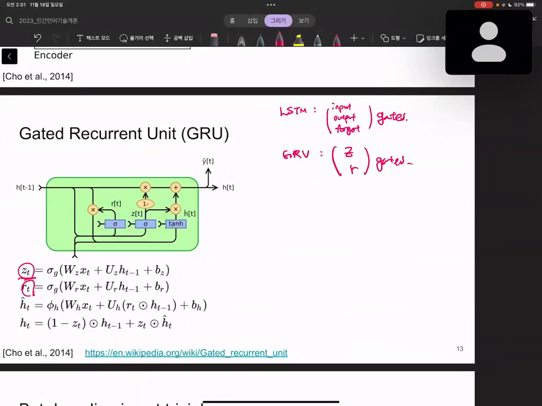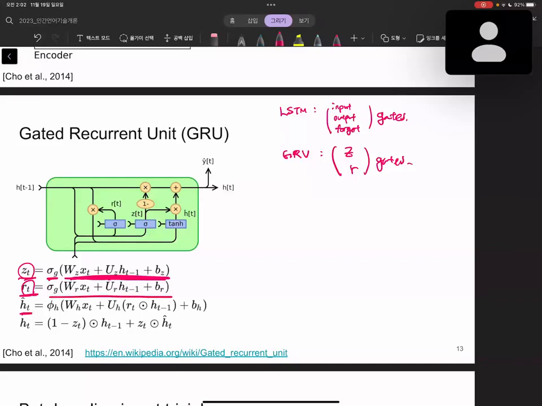And this z t and r t can be computed using the linear transformation of the current x and the linear transformation of the previous hidden state and the bias. So this is really the same as the LSTM. In the LSTM, we also compute the linear transformation like this. And here is the sigmoid function. And similarly, we can compute the R gate.